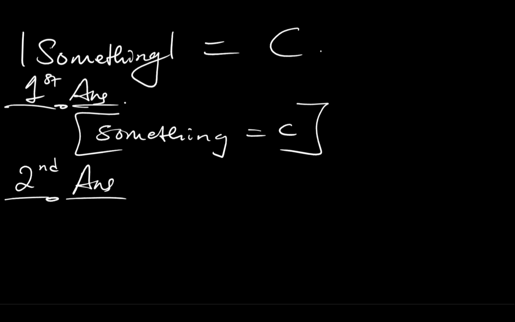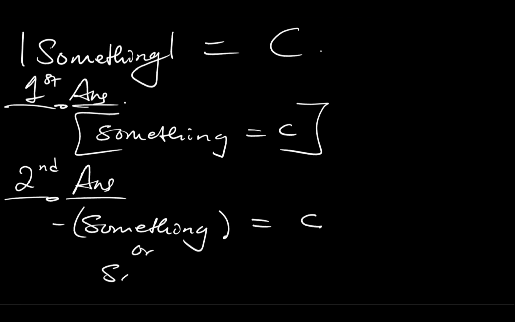So you would write minus something in brackets being equal to c, or something being equal to negative c. The values will always come out the same. So the first answer is the answer you get when you solve the equation directly, and the second answer is the answer you get when you introduce a minus to either one side of the equation.